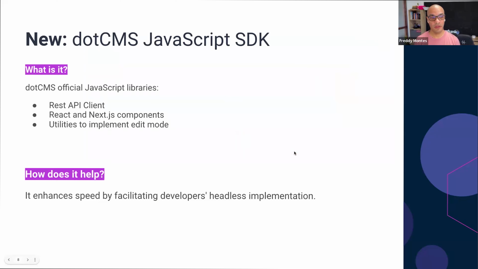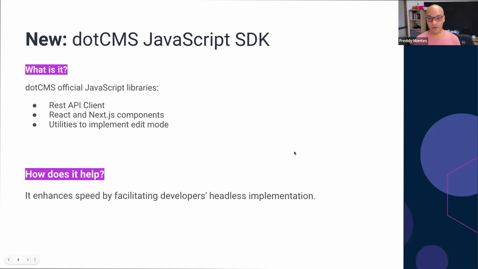Then we have another one that brings some React components to render rows, columns, containers, and all those sorts of things. And then we add a specific one for Next.js because Next.js has a specific routing system that we wanted to take advantage of. So we created that. And with these 3 libraries, you can be up and running in literally 5 minutes.